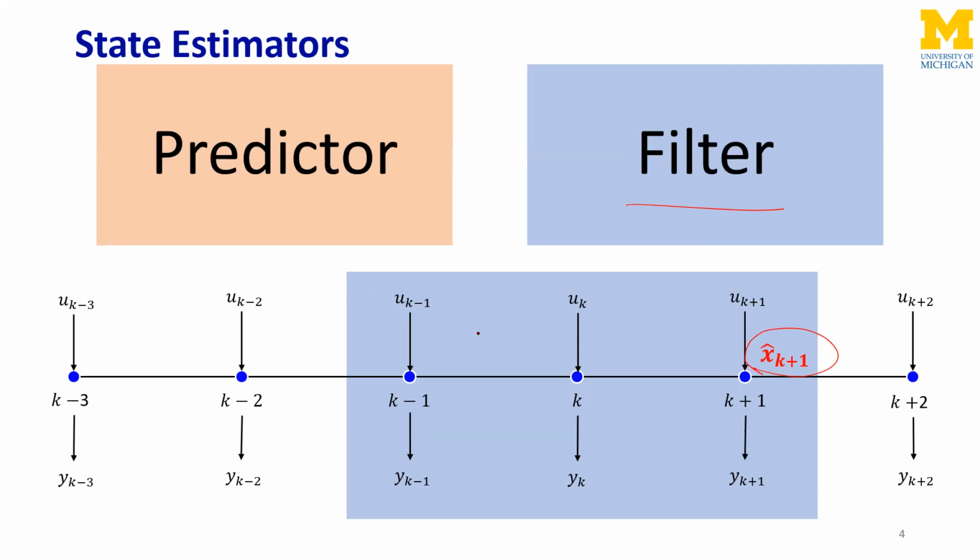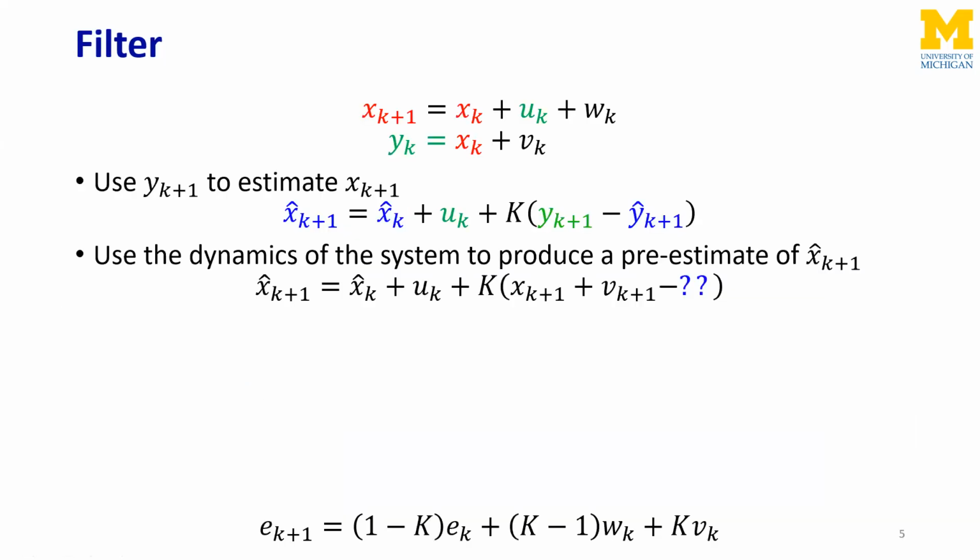Intuitively, a predictor predicts into the future, and a filter is really like the literal meaning of filter: it takes something dirty and produces something clean. At step k plus 1, your system has reached step k plus 1. You have a state, and you're trying to figure out the best, cleanest estimate of the state at step k plus 1. So in this lecture, we'll try to find that.